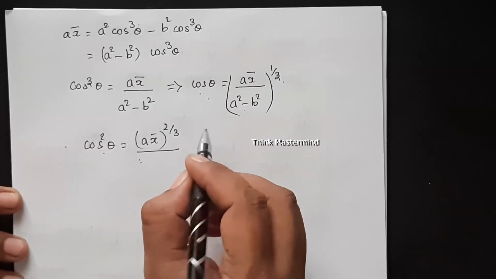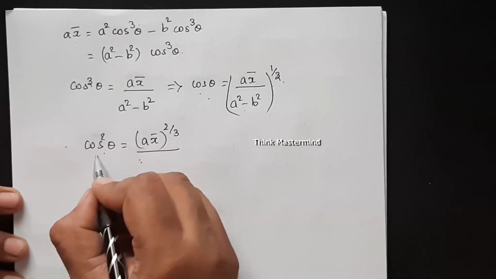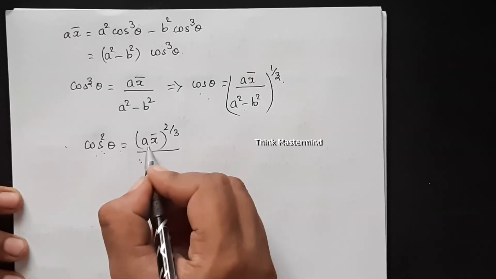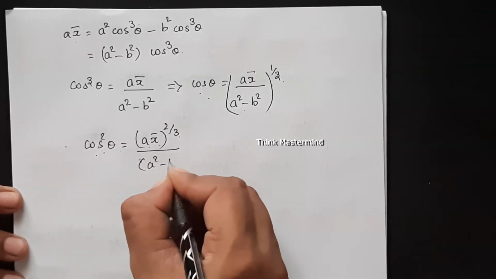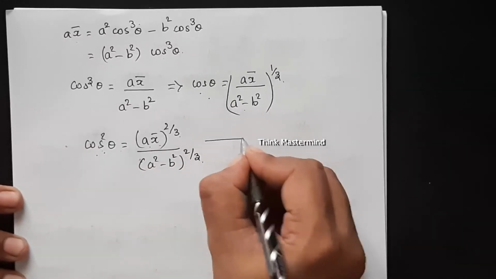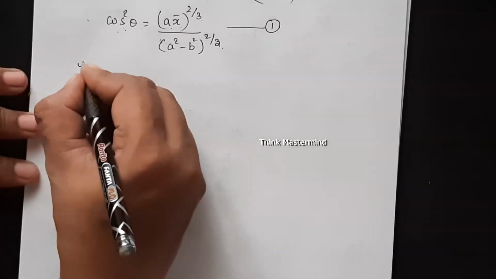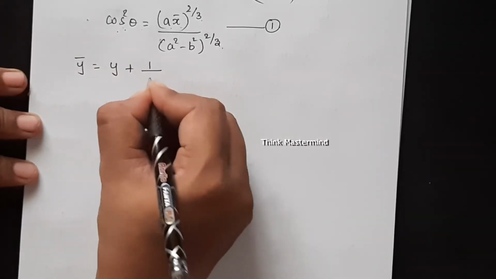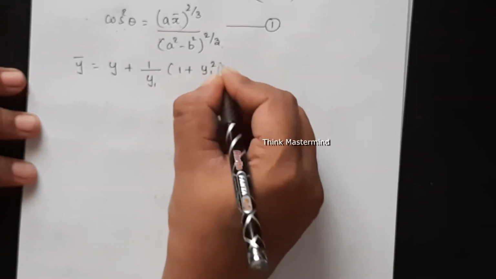For using the identity cos square theta plus sin square theta is equal to 1, I want to find what is the cos square theta, that is squaring on both sides. Cos square theta is equal to (a x bar) whole power 2 by 3 divided by (a squared minus b squared) whole power 2 by 3. So you consider it is equation 1. Similarly, you are going to find what is y bar. Y bar is equal to y plus 1 by y1 into 1 plus y1 squared.